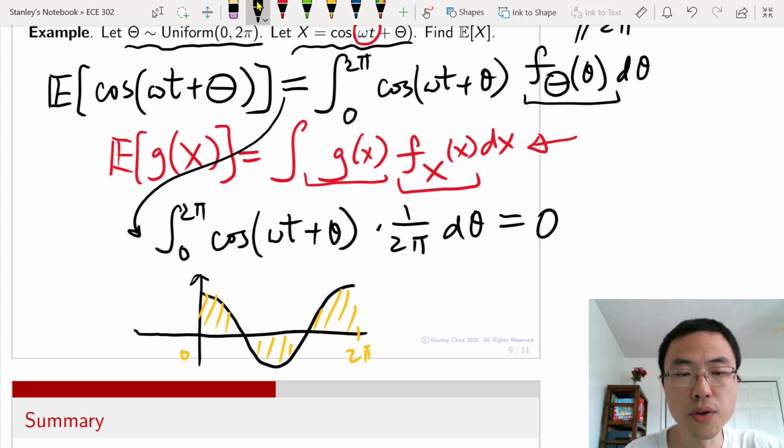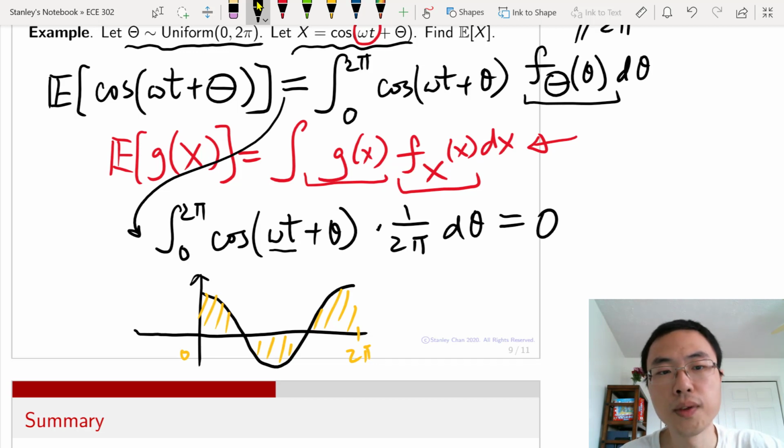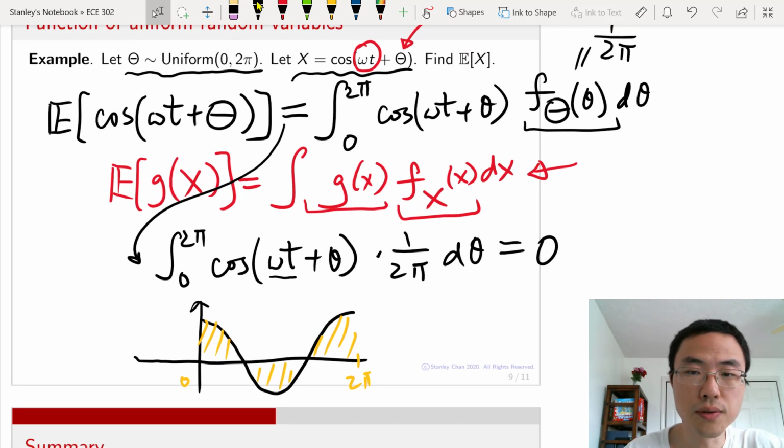It doesn't really matter how you shift this theta, because if you shift the theta to the left or to the right, it is still a cosine function. It also doesn't matter what your omega t is, because by having a different omega t, you're shifting it to the left or to the right. So in any case, when you're integrating over one period, you will get 0. So that is the expectation of your x.